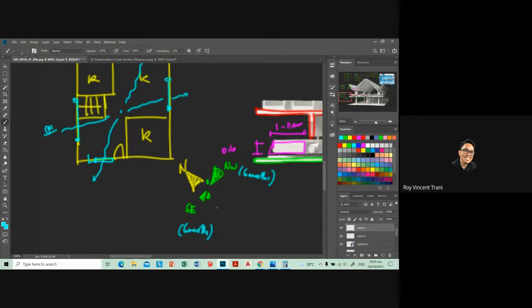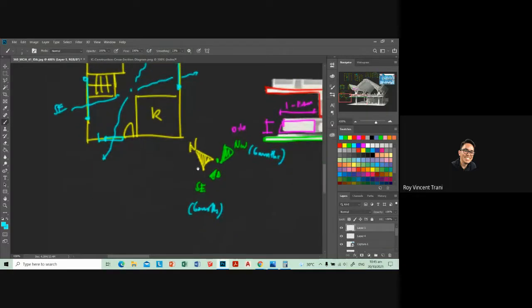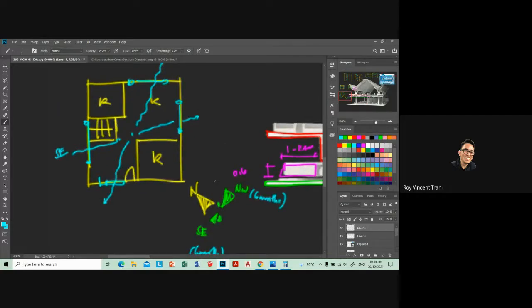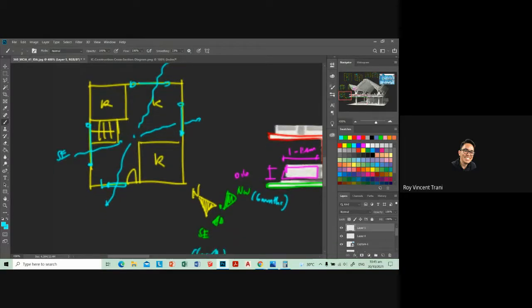That's why throughout the year, your building should be cool. If your building orientation does not favor the major winds, your building is not cool and will have to use more air conditioning. Therefore, it uses more electricity. Therefore, it costs more. So that's the idea over here. You can apply the same principle in your school.